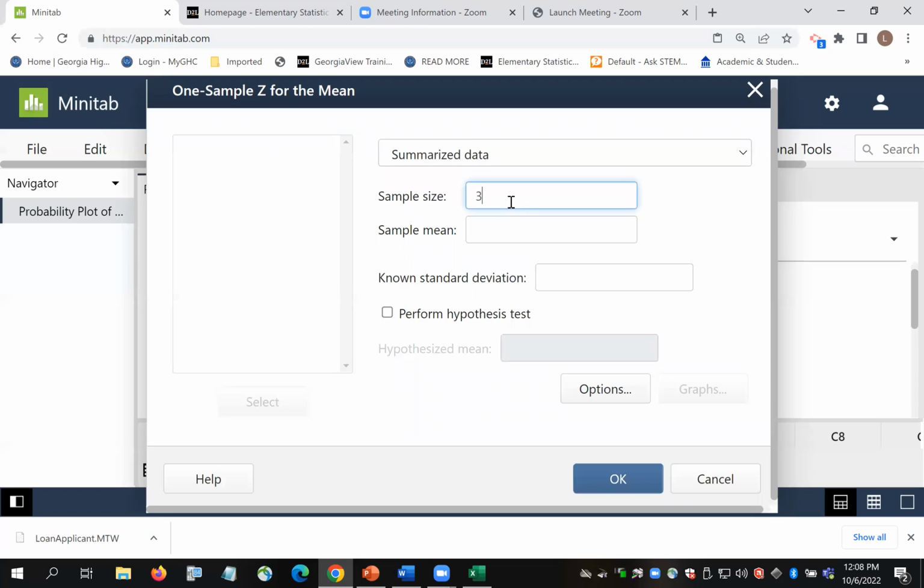Our sample size was 37. My sample mean was 435. The known population standard deviation is 14. We are going to conduct a hypothesis test. My hypothesized mean is the 438.